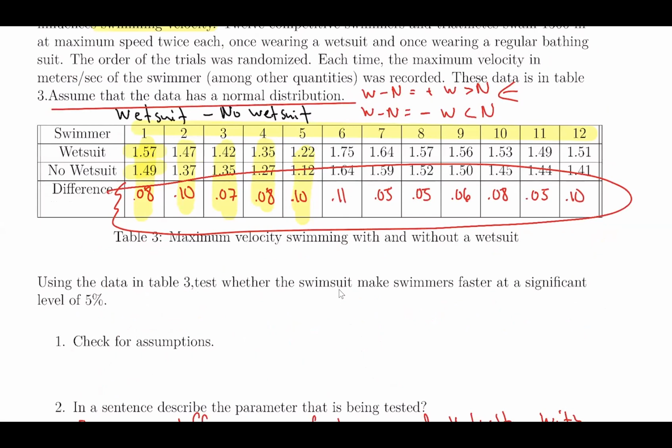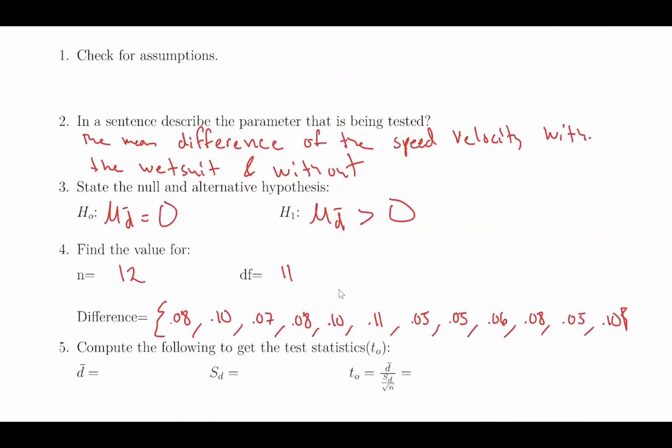So since we're assuming that the data has a normal distribution, no need to check the assumption. You only want to check the assumption if our data set is non-normal. But since they already told us our distribution is normal, there's no need to check to see if it's normal.